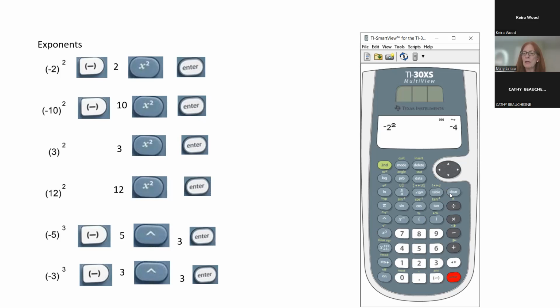So we're going to do that again with parentheses: -2, close parentheses, and hit the square button. 4. Okay.